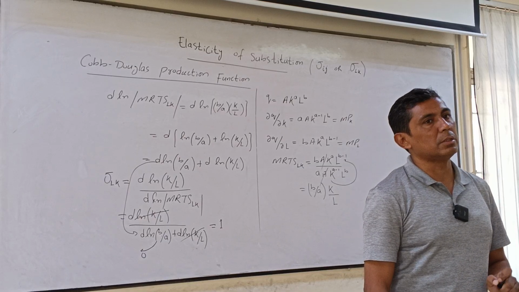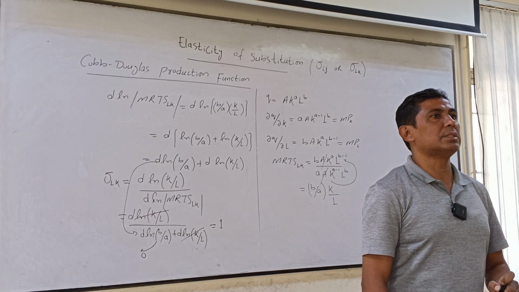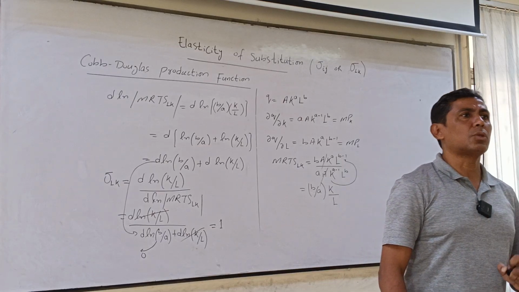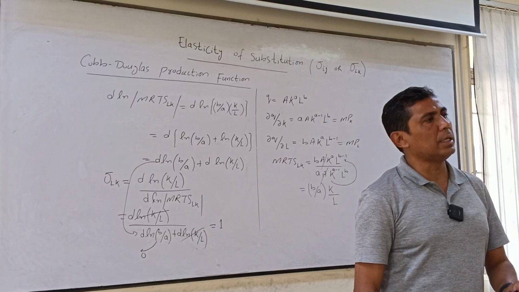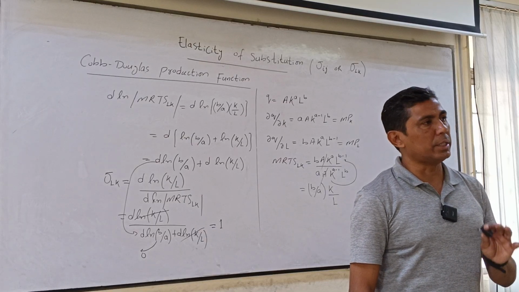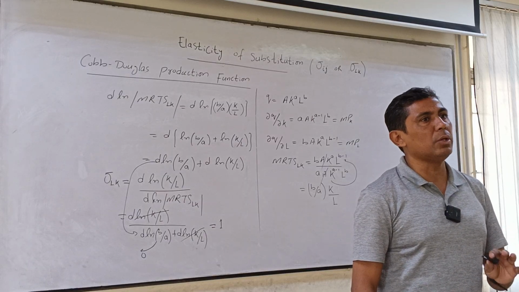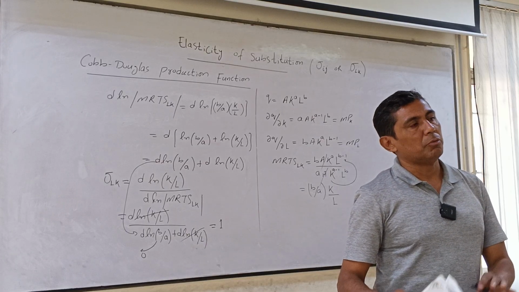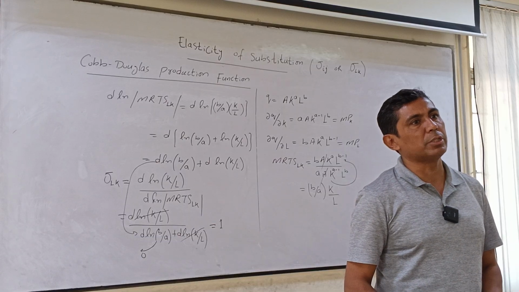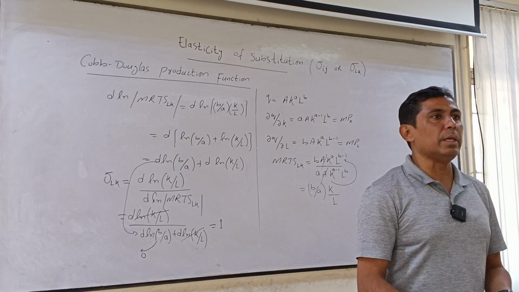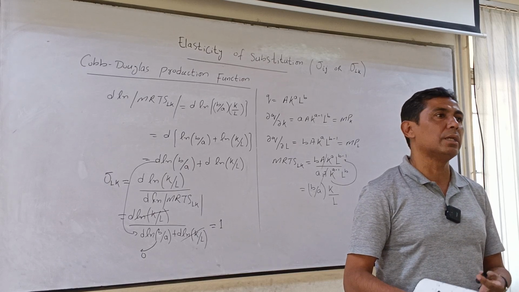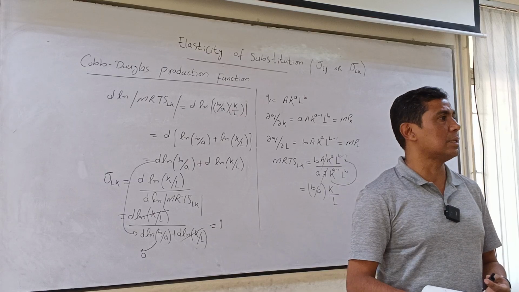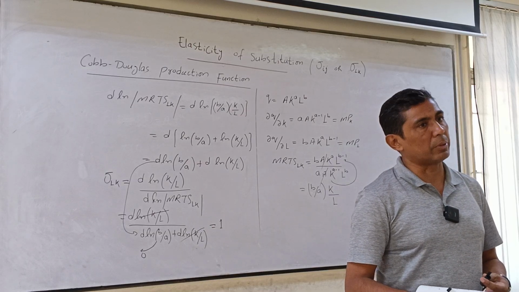In all production functions, it is not necessary that your returns to scale will be constant. Returns to scale may be variable, because every production function, whether linear, Cobb-Douglas or Leontief, holds the property of homotheticity. Clear? It means they are all homothetic production functions, so they have multiple kinds of returns: increasing, decreasing, and constant returns to scale. Then finally we calculated the elasticity of substitution for all these kinds of production functions.